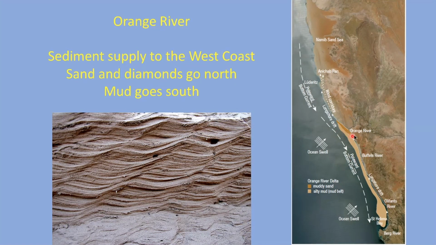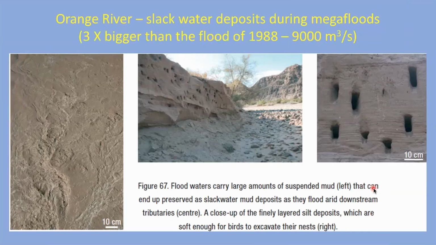So instead of forming a large delta like the Mississippi River, the Orange River has a relatively small delta because the coarser sand sediment is shunted to the north and the finer sediment, the mud, is shunted to the south. So that's quite an interesting feature of the West Coast.